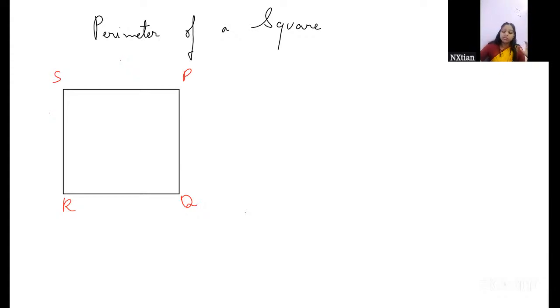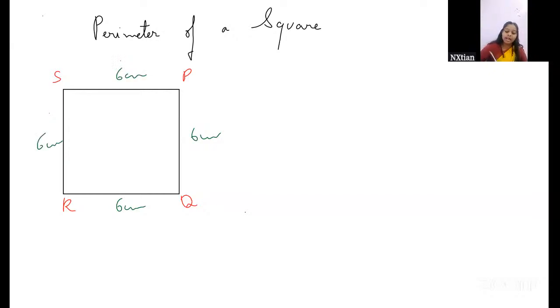Suppose the side of the square is 6 centimeter. So all the 4 sides will be 6 centimeter.